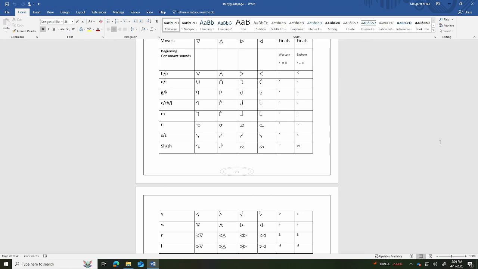The finals are on the right hand side of the chart, small raised characters. Some examples. Okay, we're gonna do long and short vowels.